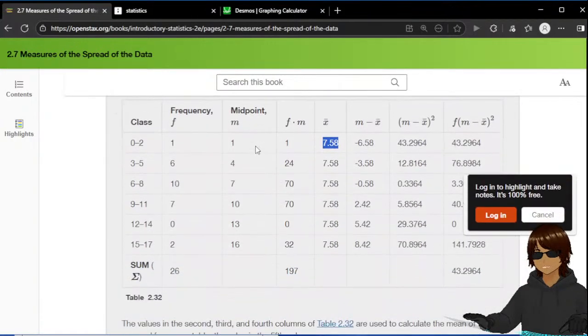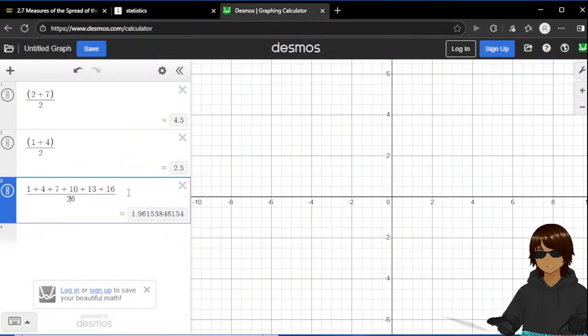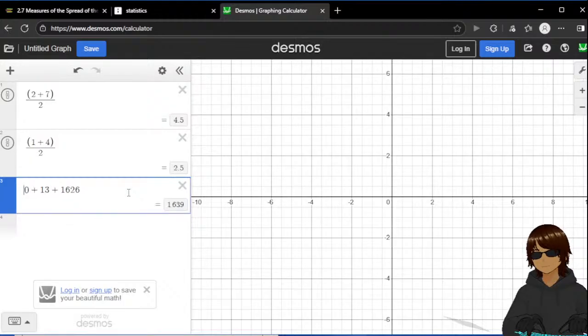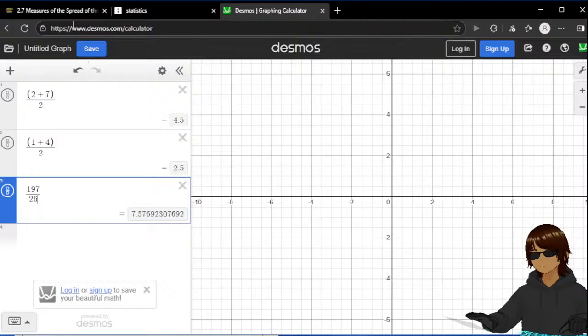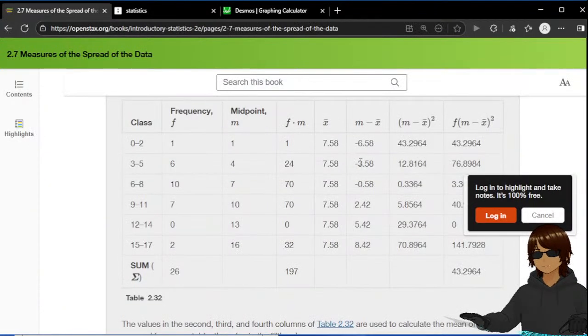No, it's 197 divided by 26. Yeah, now that makes sense.